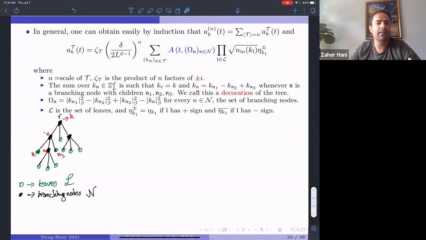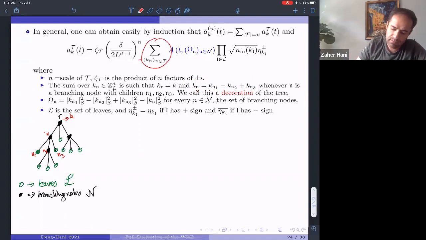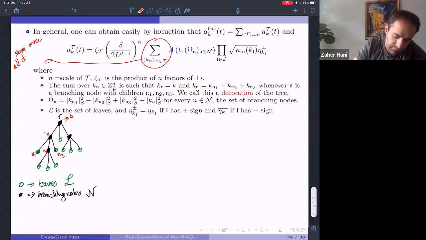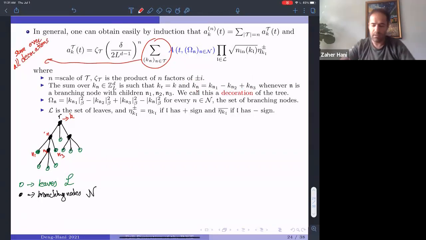Okay, and this assignment of wave numbers to a tree is called the decoration of the tree. So this sum over here is a sum over all decorations of the tree T. Then you have a factor that includes the time dependence, and this factor again depends only on the factors omega n.